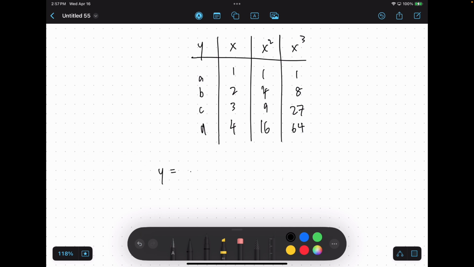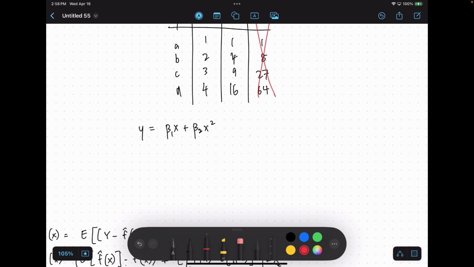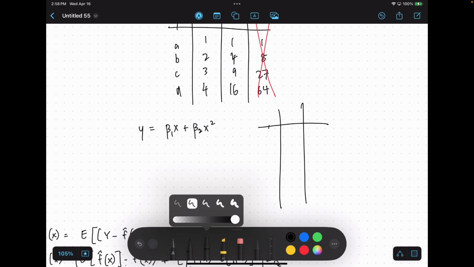So y equals beta x, beta 1, beta 2. Actually, I'm not even going to do x cubed for a second. So look how much flexibility there is. Okay. So if I do beta 1, beta 2, y.